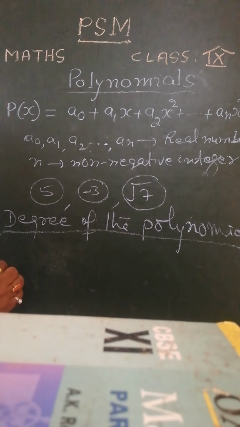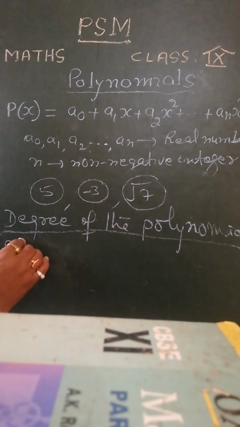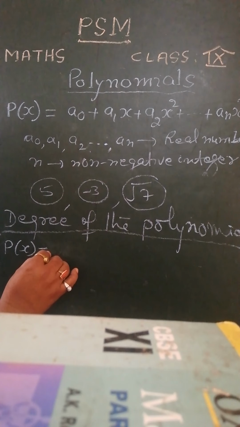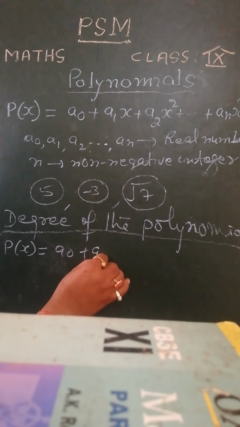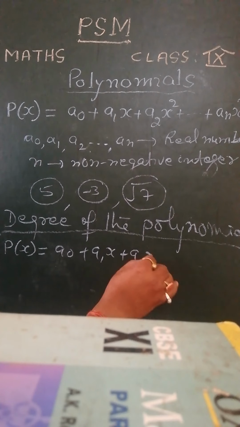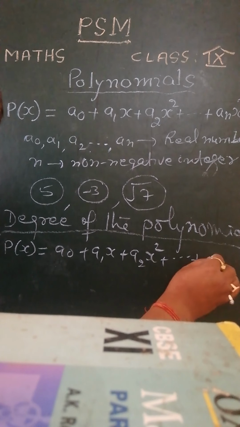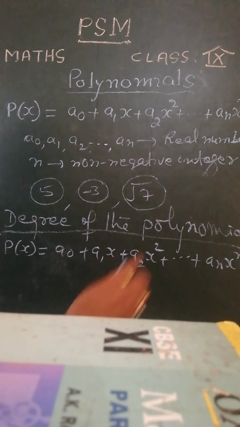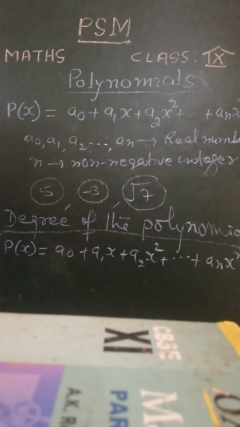So if you take p(x) equal to a0 plus a1x plus a2x square plus dot dot dot plus an x to the power n, this is a polynomial of degree n.